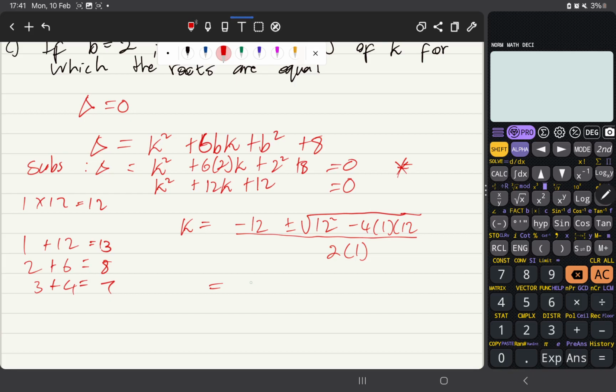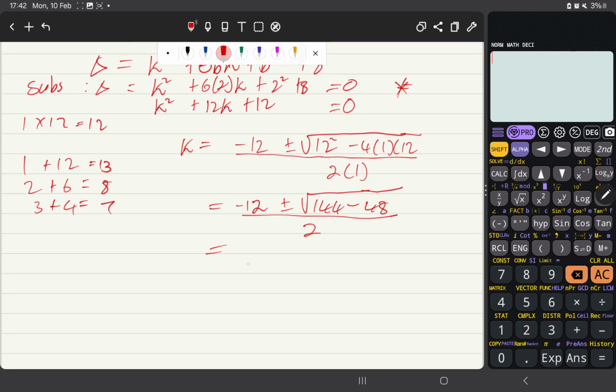So I have minus 12 plus or minus the square root of 144 minus 48, divided by 2. The simplified answer straight from the calculator is 4 root 6 divided by 2.